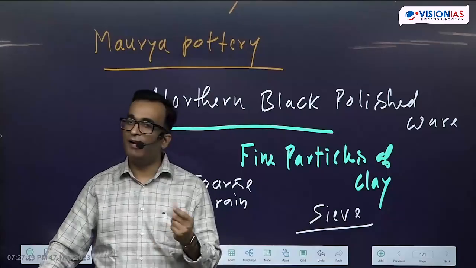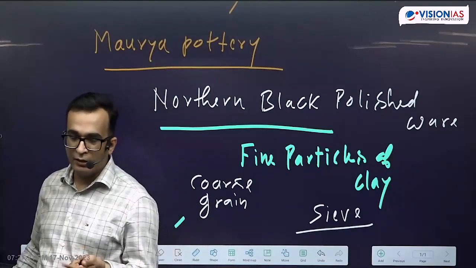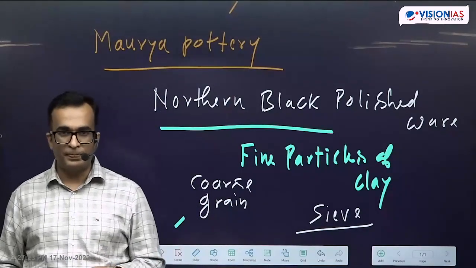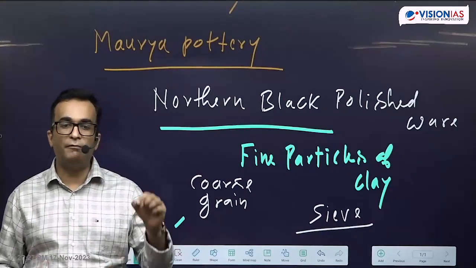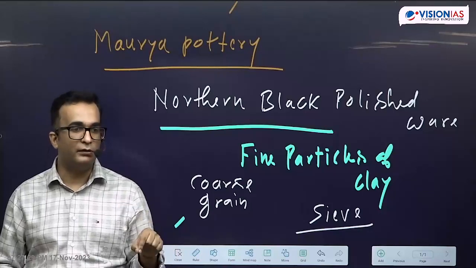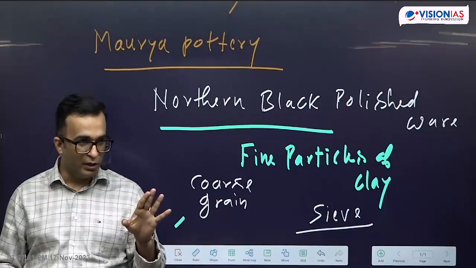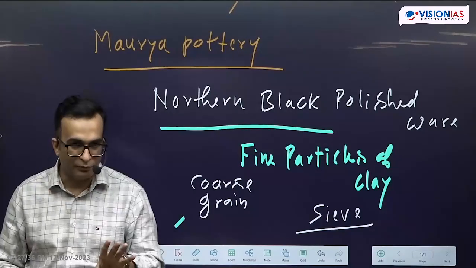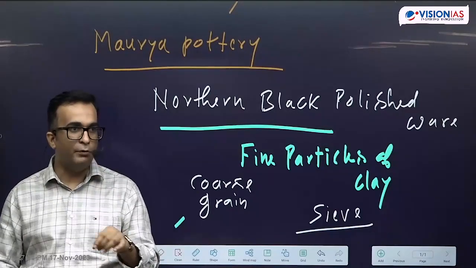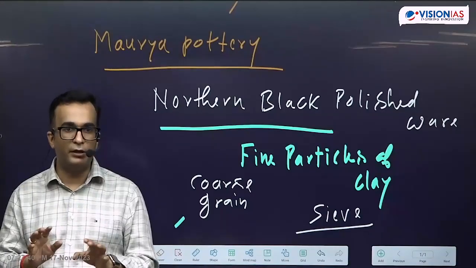Now, what is the benefit of removing concord? The benefit is that the best potteries are created on a very fast running wheel. When it is created on a slow running wheel, the pottery would not be good. But on a fast running wheel, pottery would be very even and very good.